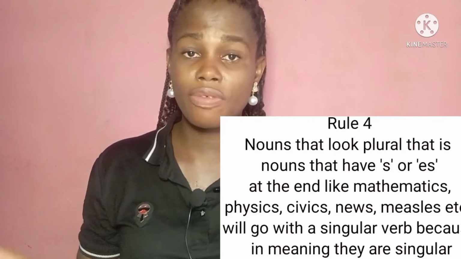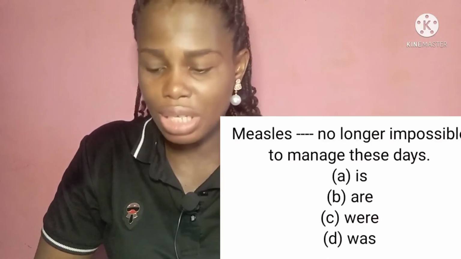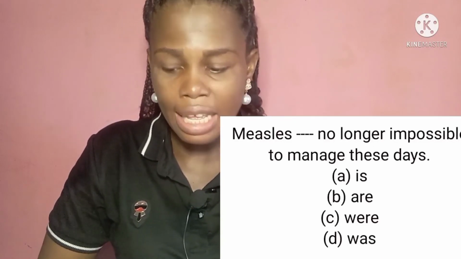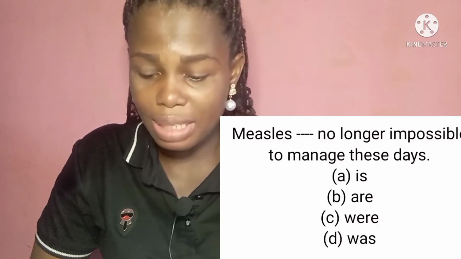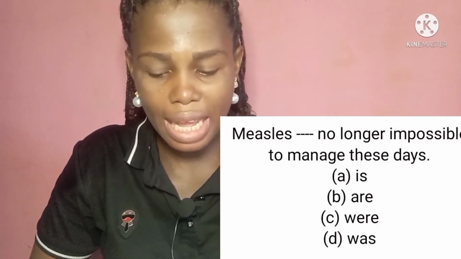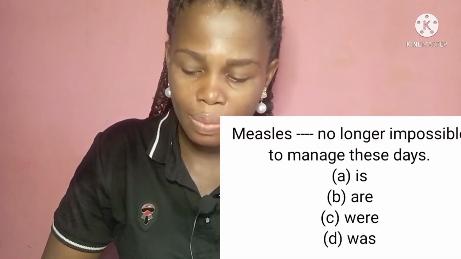Now let's answer this question from 2020 past questions. Question 15. It says: Measles dash no longer impossible to manage these days. We have option A, is, option B, are, C, were, and D, was.